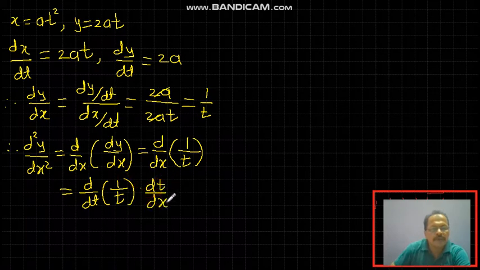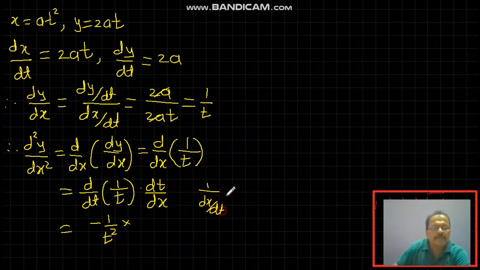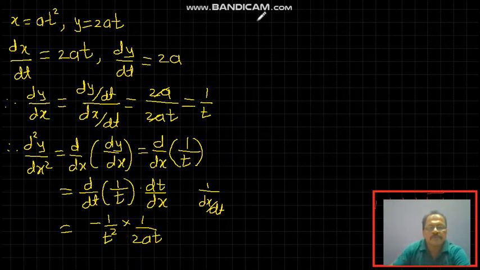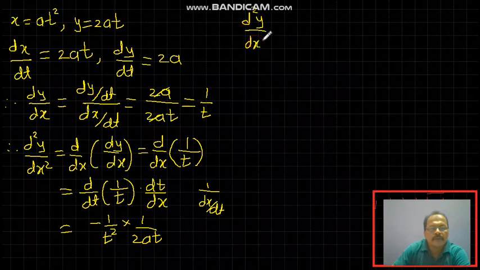The derivative of 1 by t with respect to t is minus 1 upon t square, and dt by dx is nothing but 1 upon dx by dt, and dx by dt is 2at. So I am going to multiply here by 1 upon 2at, and my answer of d2y by dx square is minus 1 upon 2a t cube.